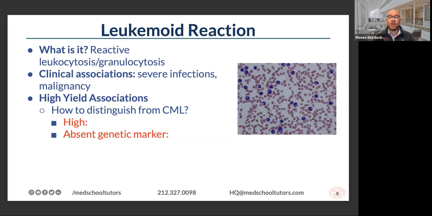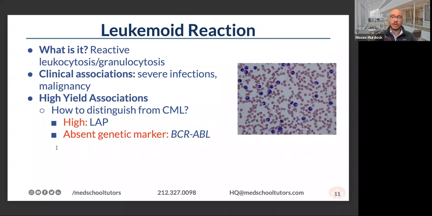Again, in the chat, what marker, what lab is high in a leukemoid reaction that is low in CML? Awesome, y'all are too good. It is the LAP, the leukocyte alkaline phosphatase. And conversely, what is present in CML from a genetic marker standpoint that is absent in a leukemoid reaction? What is the classic translocation in CML?